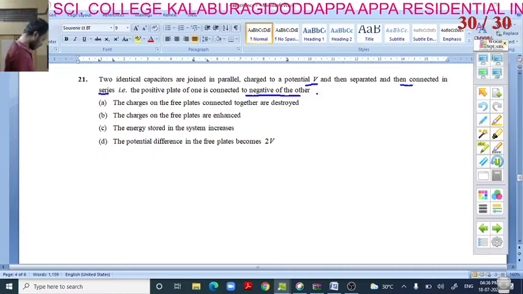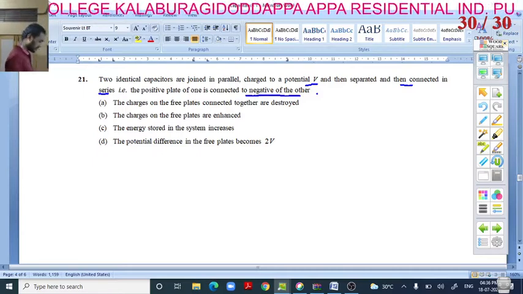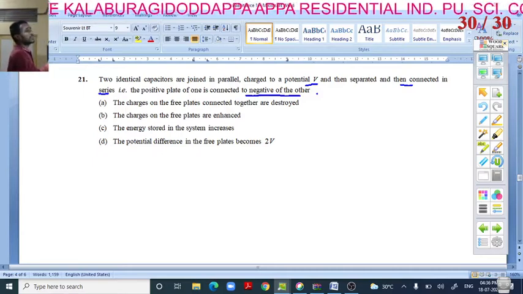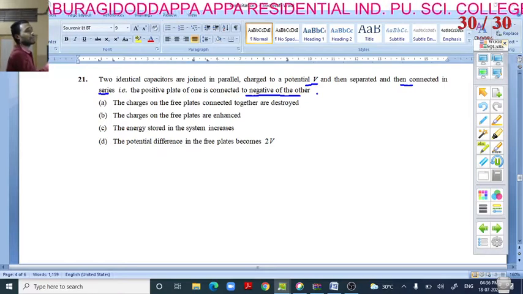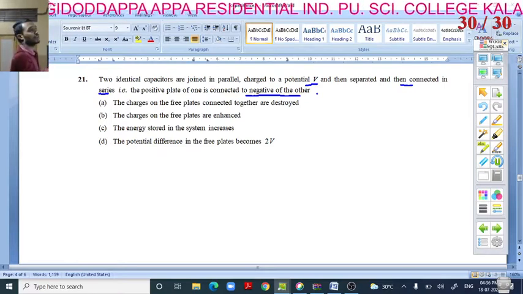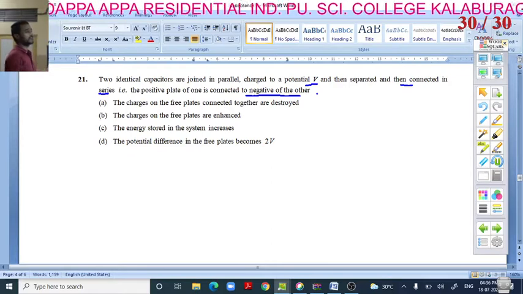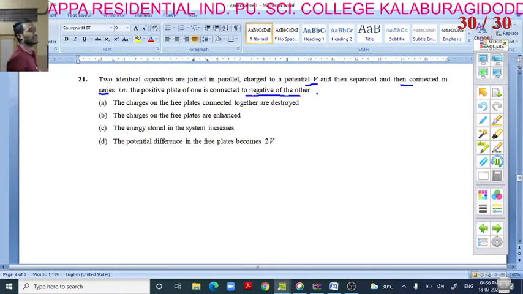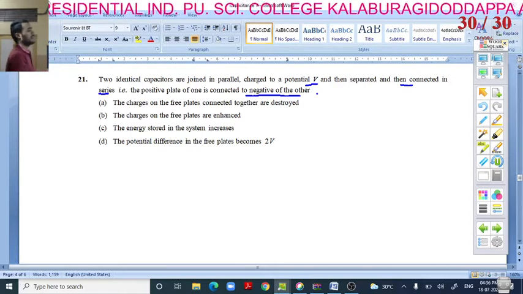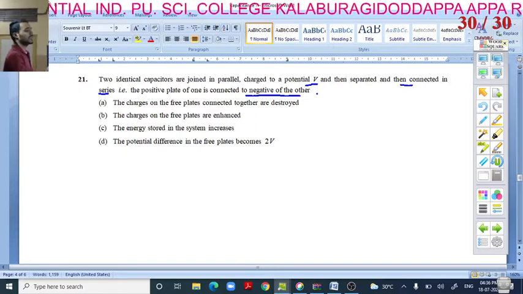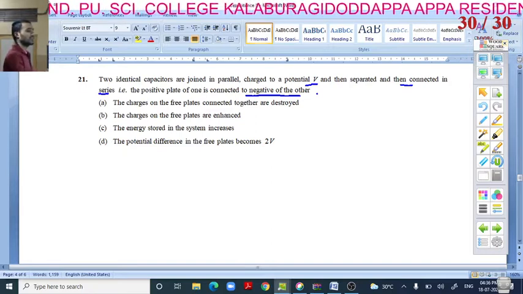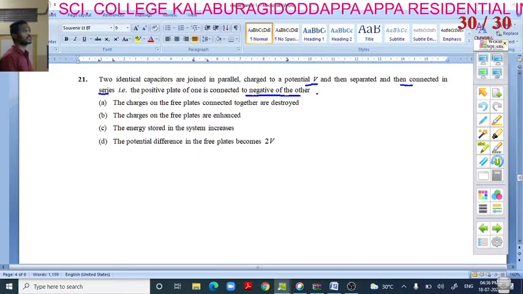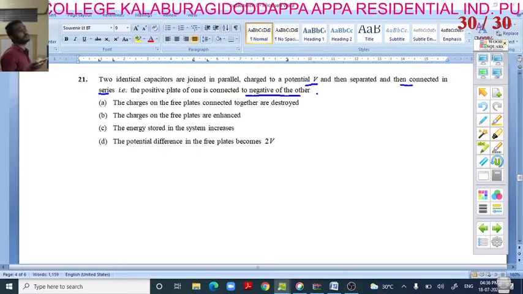Here he has given some options: charge on the free plates connected together are destroyed, charges on the free plates are enhanced, energy stored in the system increases, the potential difference in the free plates becomes 2 times the potential.